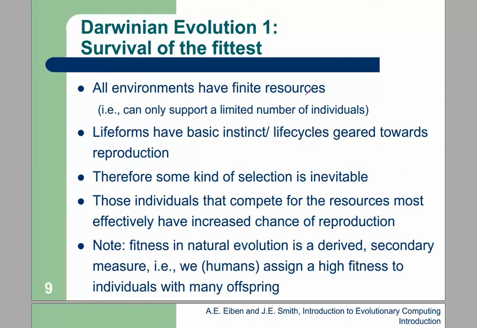But what is Darwinian evolution? Darwinian evolution is related to survival, and it is survival of the fittest. Fittest means the best fit, or the best animal, or the strongest animal, or the strongest human, or strongest, for example, trees.